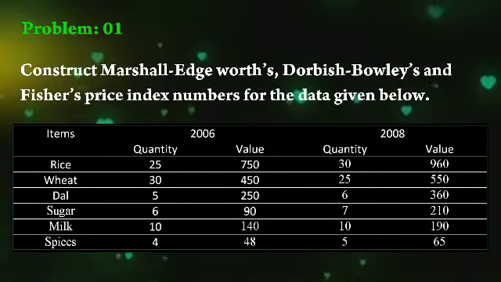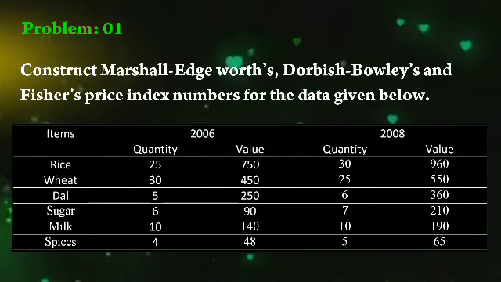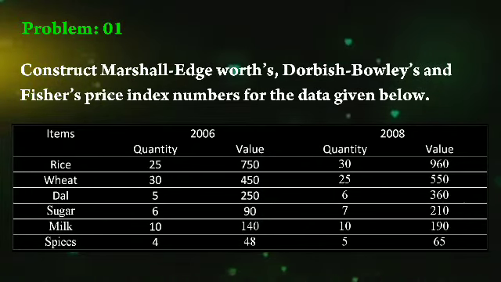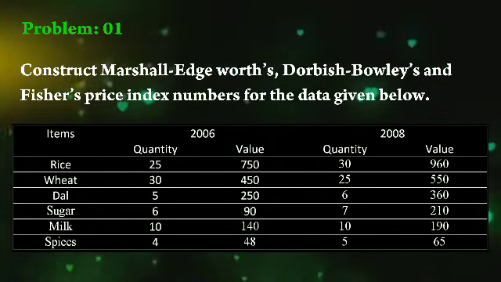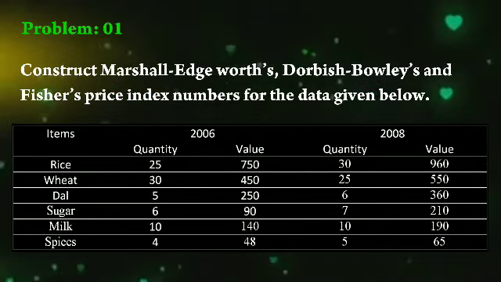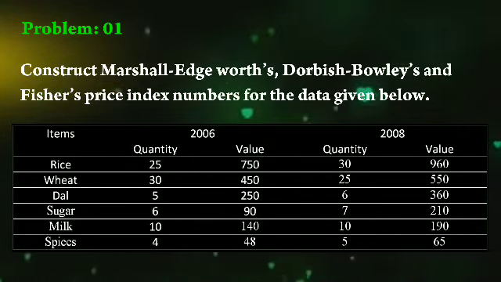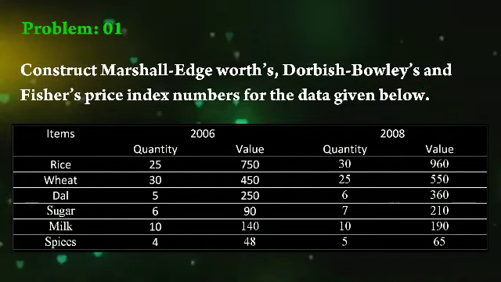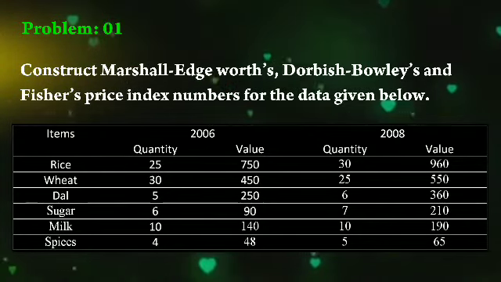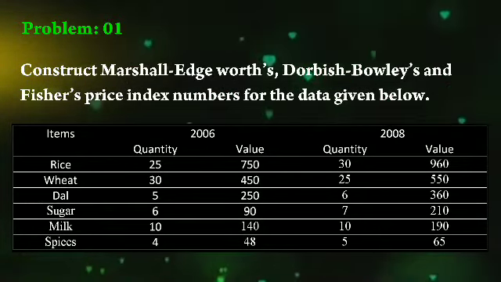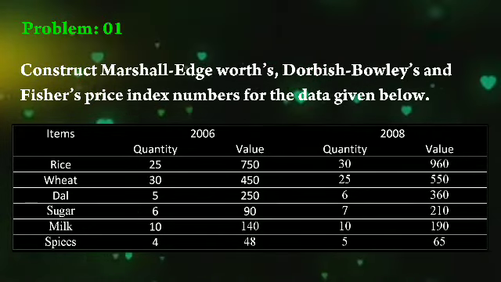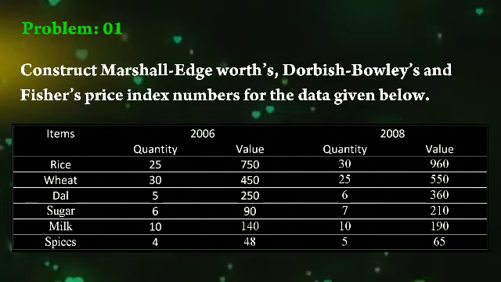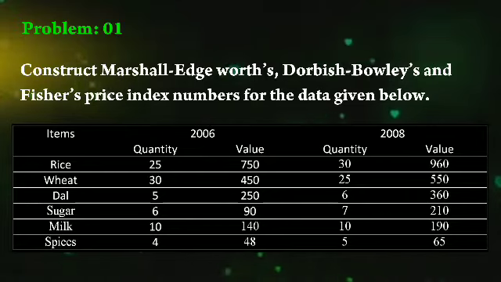In order to construct any of the index numbers, you should find the other set of values. Quantities are given, so you should find the price values. As you all know, expenditure equals price into quantity. Expenditure is the other word for value. So value equals the product of price into quantity. Here in this question, quantity values are given, where your task is to find the price values. So since expenditure equals price into quantity, price equals expenditure by quantity, or in other words, value equals price into quantity, where price equals value divided by the quantity.